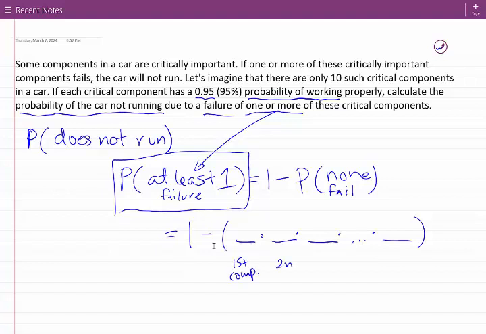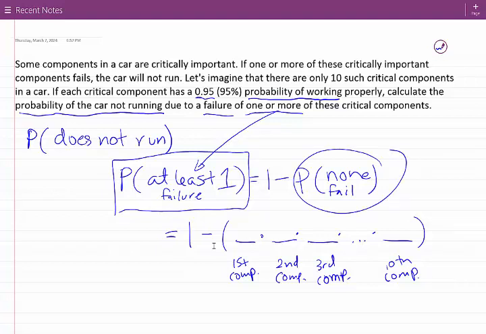This is the second component. The third, right? So on and so forth, all the way to the 10th component. And we want each of them to work, because if they all work, then none of them will fail. And then we can subtract that answer from 1, and we'll be left with the probability that at least one of them fails.